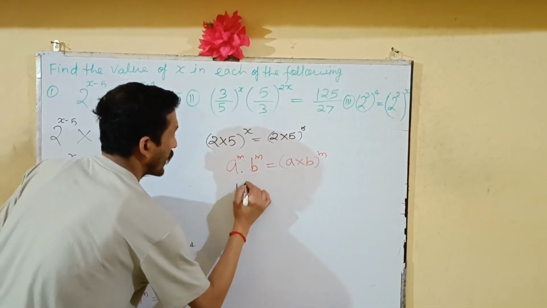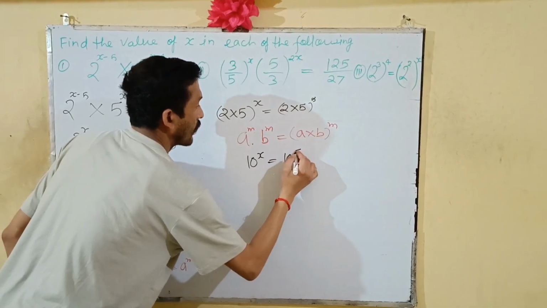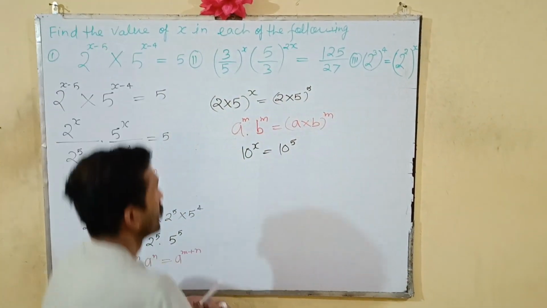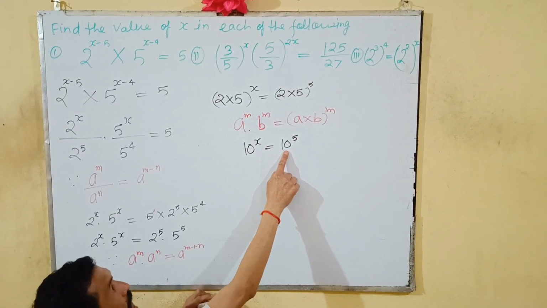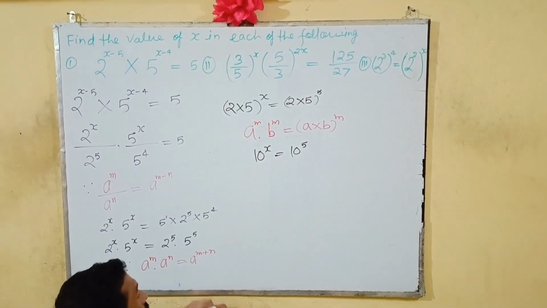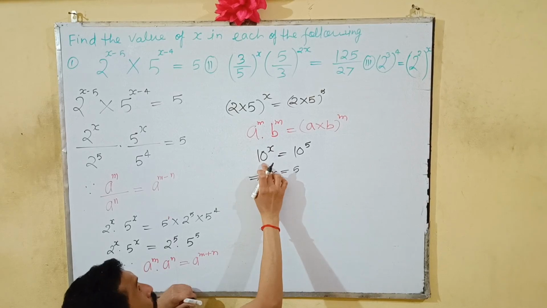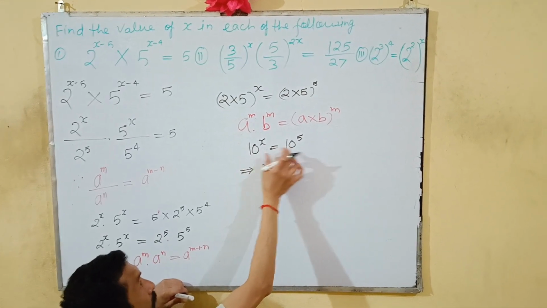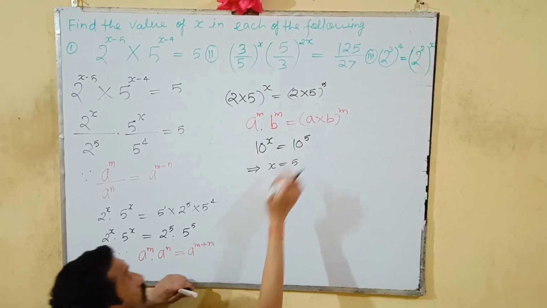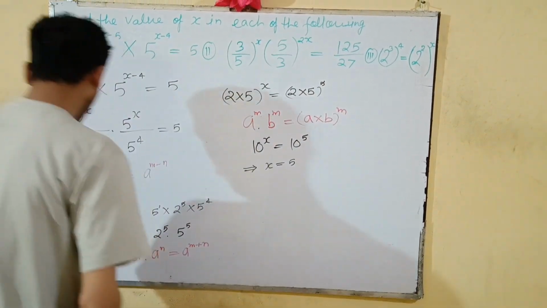Now 10 to the power x equals 10 to the power 5. Both bases are equal and these numbers are equal, which implies that x equals how much? 5. Both bases are equal and both numbers are equal, so the powers will also be equal. So the value of x will be 5.